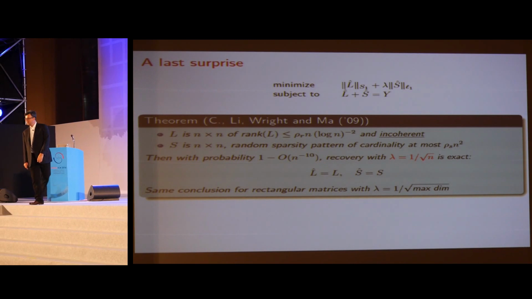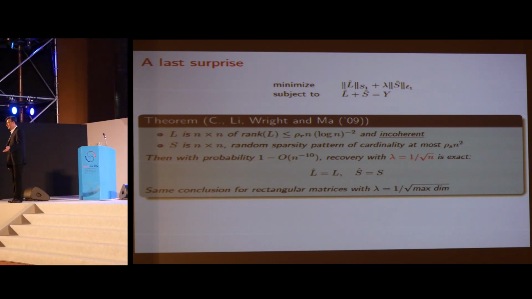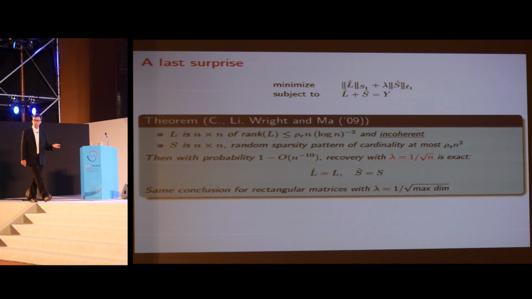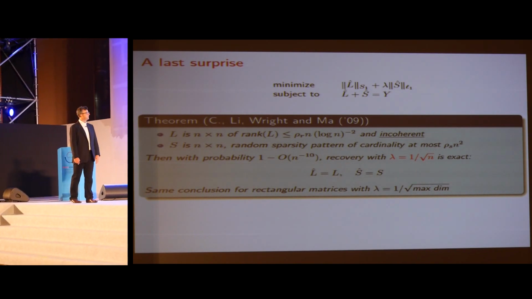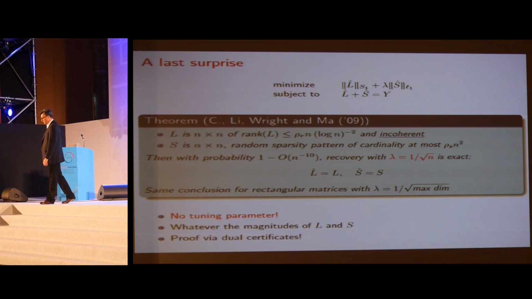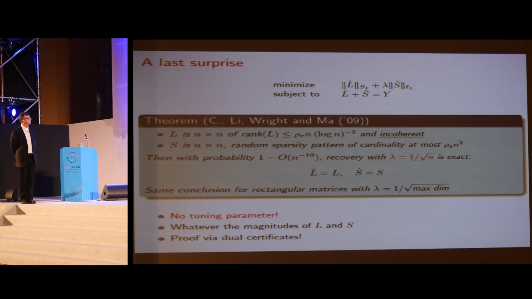And so the result is that this algorithm will spit out a low-rank matrix, which is exactly the low-rank matrix you're looking for, and it spits out a sparse matrix, which is exactly the sparse matrix you're looking for. So you have perfect demixing, right? It doesn't matter what the magnitudes of L and S are. There's no tuning parameter. It just finds out the corruption on its own.